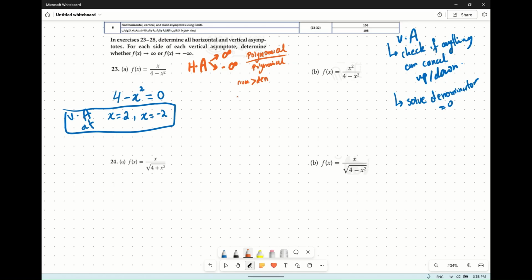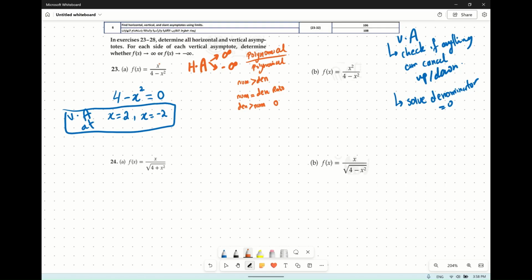If the degree of the numerator is equal to the degree of the denominator, then you need to take the ratio of the leading coefficients. If the degree of the denominator is more than the degree of the numerator, then the answer is directly 0.